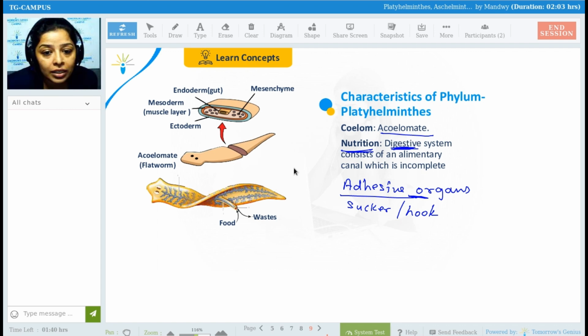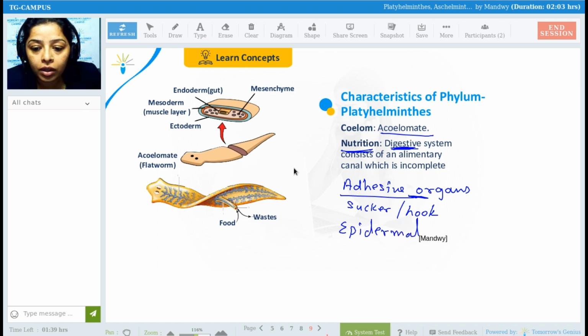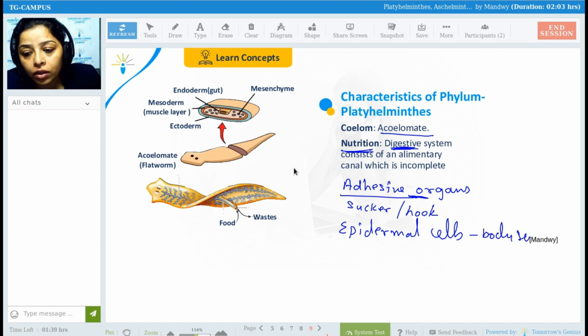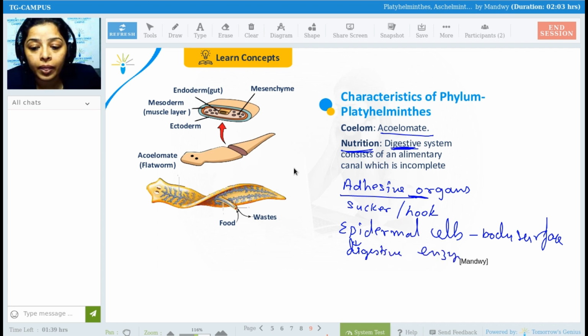So who will secrete the digestive enzyme? Internally, once they trap the food, the epidermal cells present on the body surface will secrete the digestive enzyme and digest the food particle.